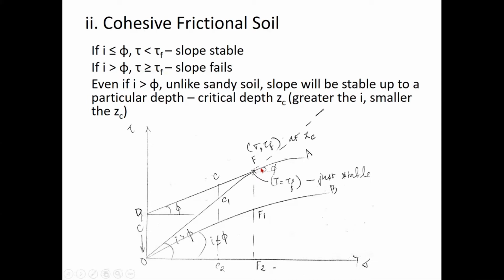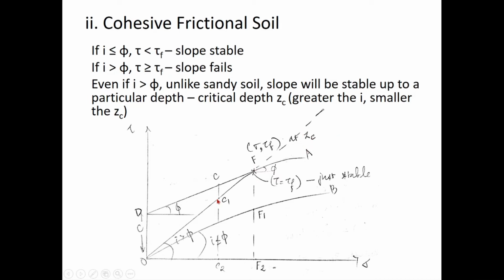So what you have to understand from this figure is that your i, the slope angle, can be greater than phi and the slope can still be stable up to a particular depth, which I call the critical depth, Zc.